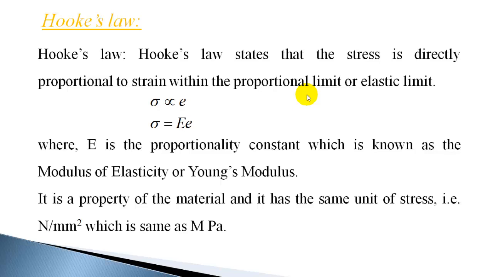So every 100 Newton the elongation is increasing by 1 mm. But when it is 400 Newton, if the elongation is 6 mm, that proportionality has gone. So as long as load is proportional to deformation in a material, you can say it is within the proportional limit.